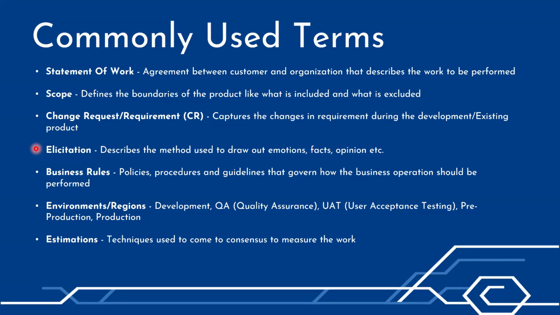If anyone asks me, what do you do as a BA? I don't say I work with the client to get requirements. What I instead say is, as a BA, I choose appropriate elicitation techniques to define the scope of the project and the requirements for the project, so as to establish a requirement document.